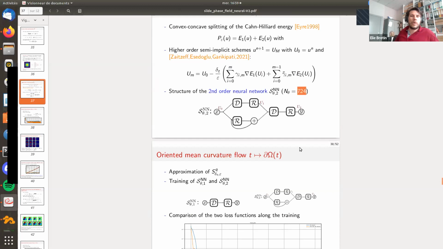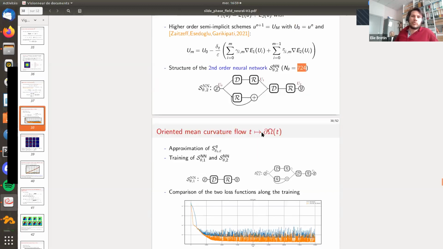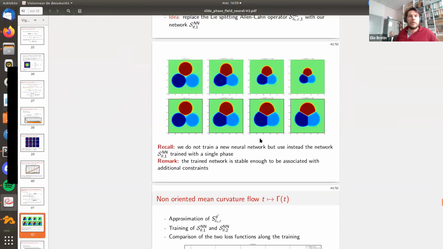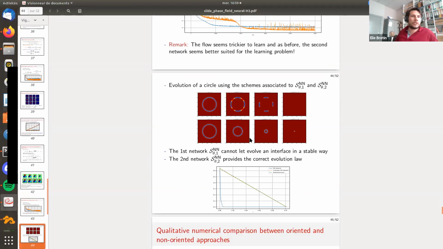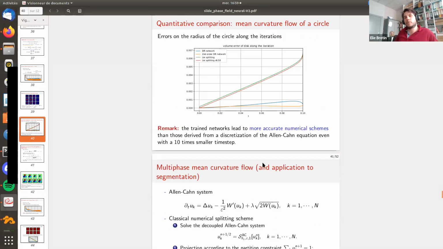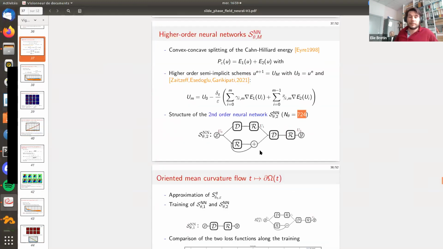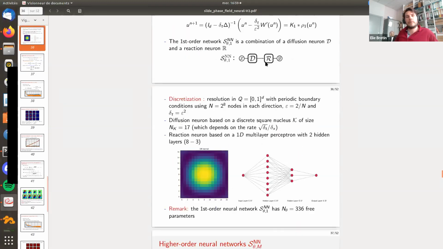So this is why we introduced it, and what was surprising is that it worked in this situation. It was a surprise. You test and it worked, but at the beginning we considered this architecture to be more precise than using only one diffusion and one reaction.